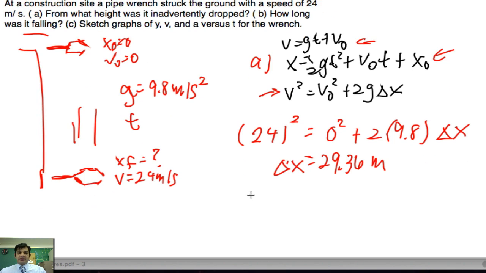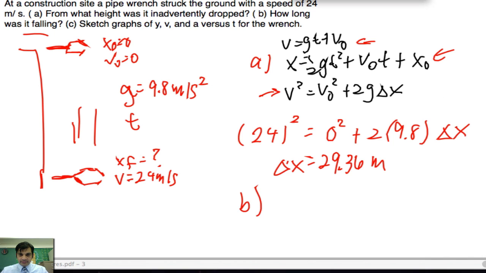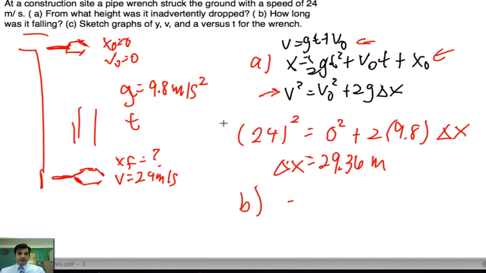Excellent. Now for part B, it says how long was it falling for? Let's go ahead and calculate that. Might have got interrupted there. So for part B, we're going to do the same thing. We have V equals AT plus V naught.